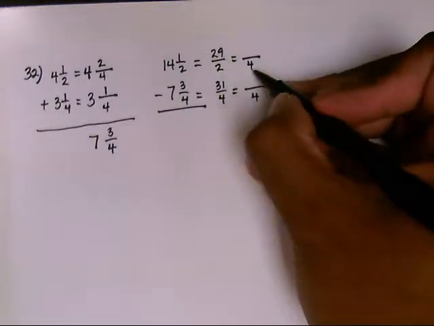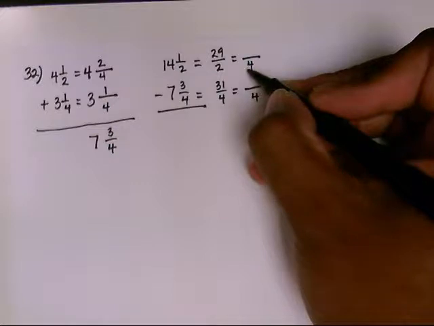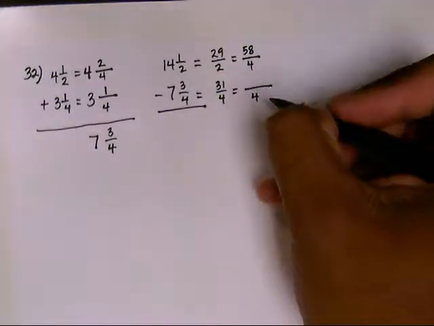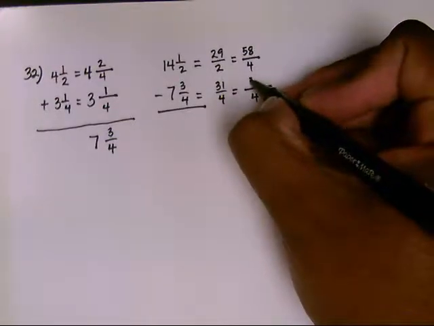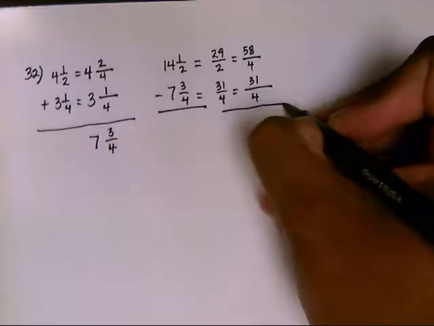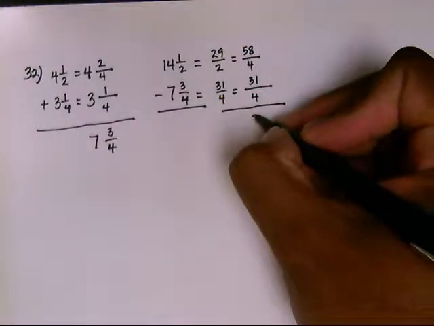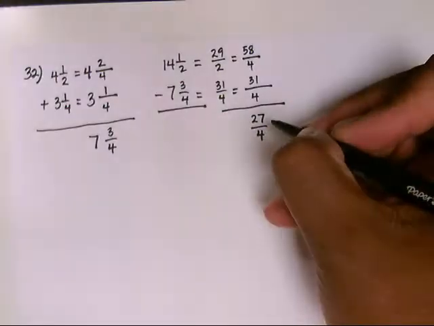Now for the 29 over 2 with a common denominator of 4, 2 goes into 4 2 times. 2 times 29, that'd be 58. And then 4 goes into itself 1 time. 1 times 31 will be 31. Subtract 58 minus 31, you're going to get 27 over 4.